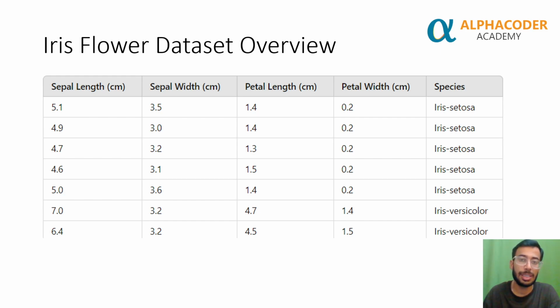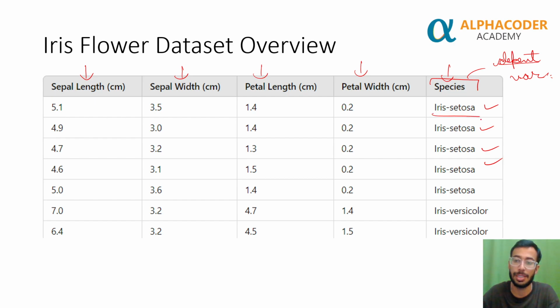Now this is the data set that we have. We have sepal length, sepal width, petal length, petal width, and we have the species. This is what we need to predict. This is what we require. This is our dependent variable, and these all are the independent variables that will be used to classify any flower species into these classes.